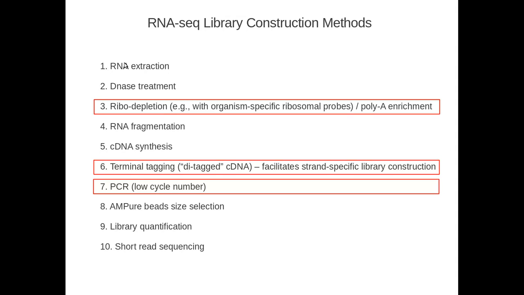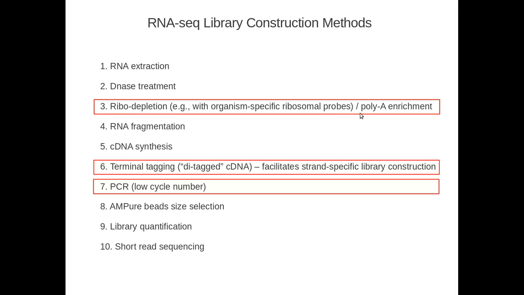But we start with RNA extraction. We get rid of all the DNA by essentially degrading it with an enzyme that degrades DNA but leaves RNA intact. Okay, then this is the step that's important. I mentioned the contamination of ribosomal RNA. There are two techniques. You can either deplete the ribosomal RNA by competitively binding it away using ribosomal probes.